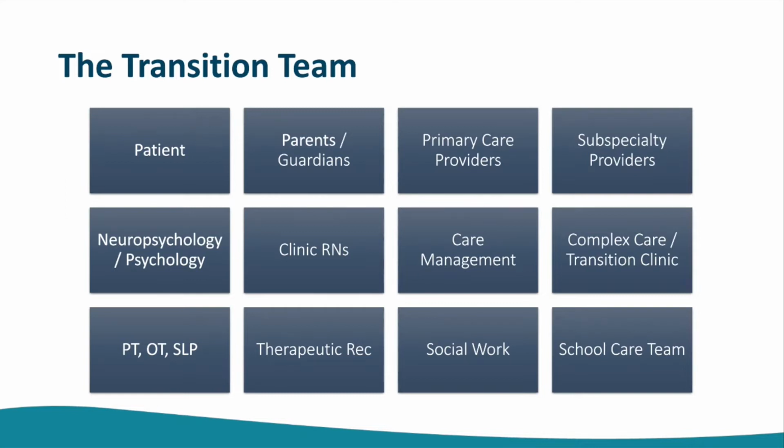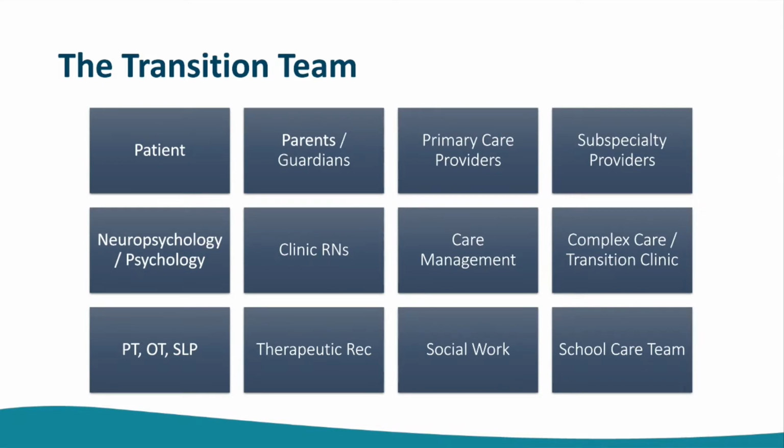We have care management in our system, and many care managers are out there in primary care clinics that we partner with. Our therapists are amazing at really helping set goals in therapies around transition related things. Therapeutic rec is crucial.